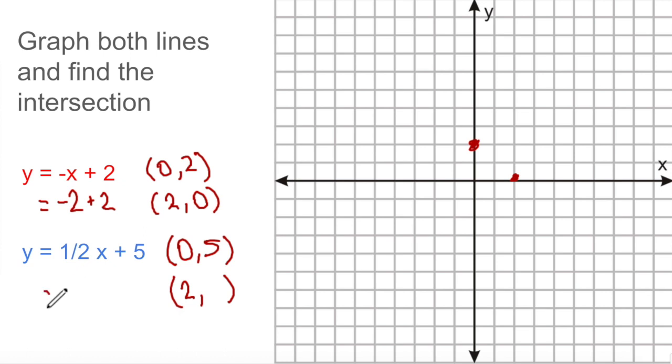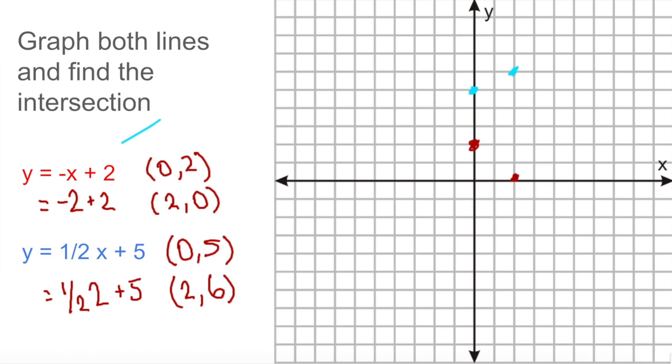So y equals 1/2 times 2 plus 5. 1/2 of 2 is 1, plus 5 is 6. So (0, 5) and (2, 6) right there. So those are our two lines.